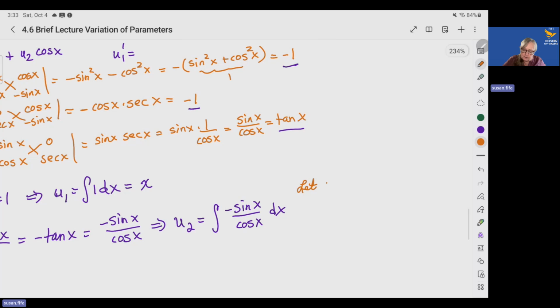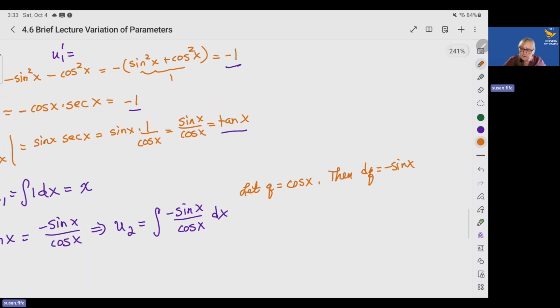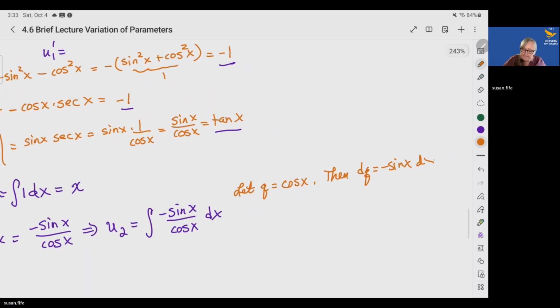So let's do q equal cosine x. Then dq is the derivative of cosine, negative sine x dx. And that's what I have here.